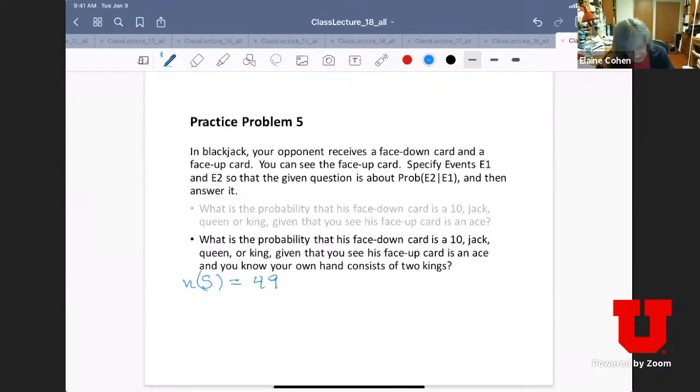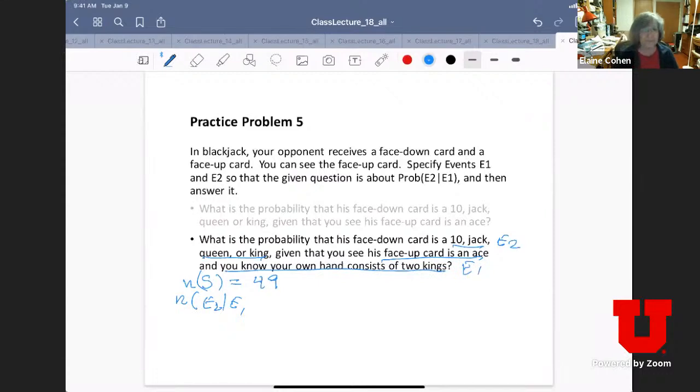And how many elements possible in E2 given E1? Well, what is E2 again? E2 is the same, 10, jack, queen, or king. But now E1 changes. His face-up card is an ace, and you have your own hand consisting of 2 kings.